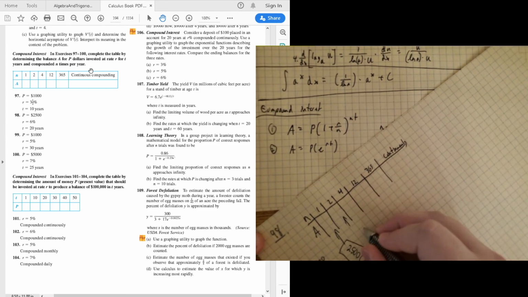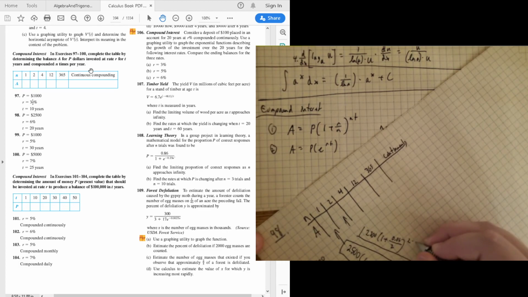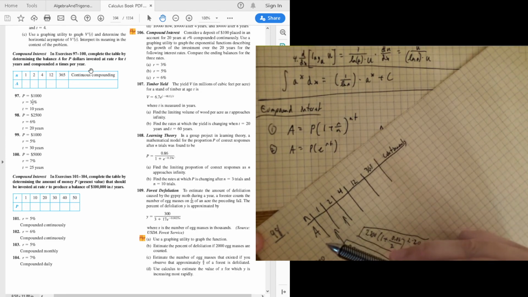For our second box, same basic way, 2,500 times 1 plus our rate, 0.06, divided by the number, which is 2, to the 2 times 20. Whatever that number is, goes in the second box. So this is the principal, or the starting amount. This indicates the percentage rate. This indicates the time. And this will generate our overall accumulation of money.